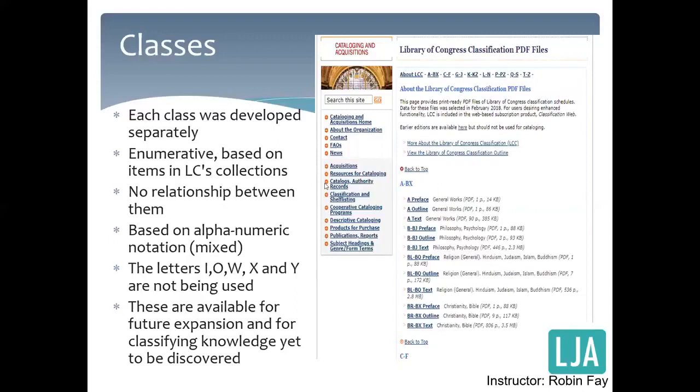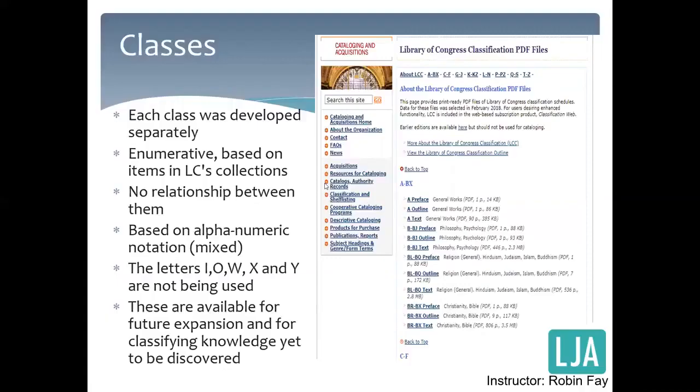Oh, and there's also no Y. So that's another call number that's not used. In theory, these are all available for future expansion, for classifying knowledge yet to be discovered. At one point, the K class, which is the law class, really up until, I don't remember the exact date, I'd have to look at it, but really up until the late 90s, it was not complete.